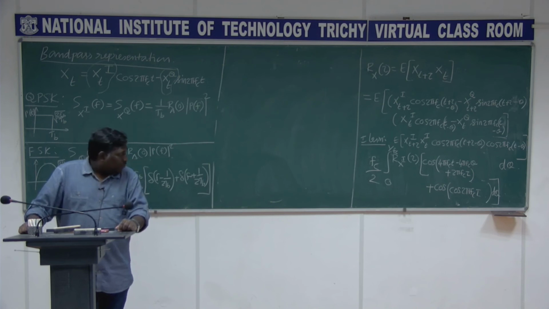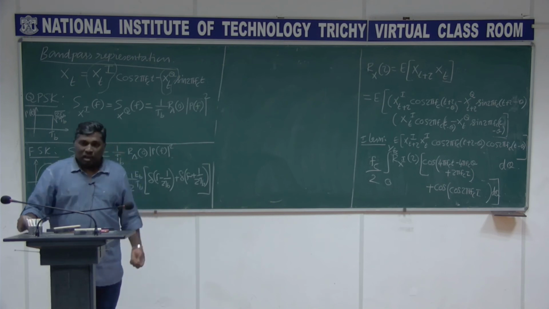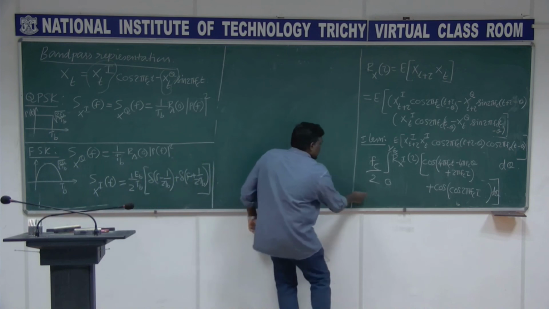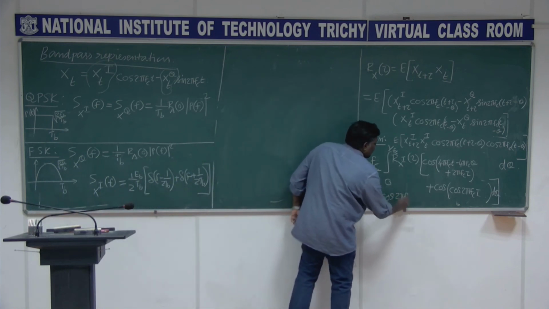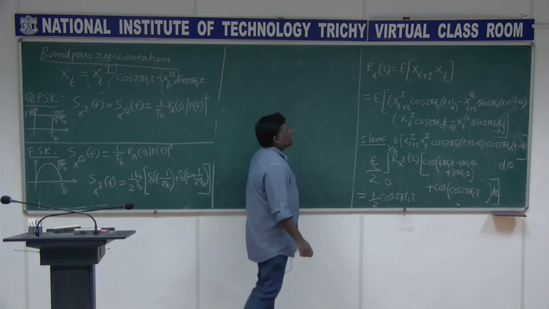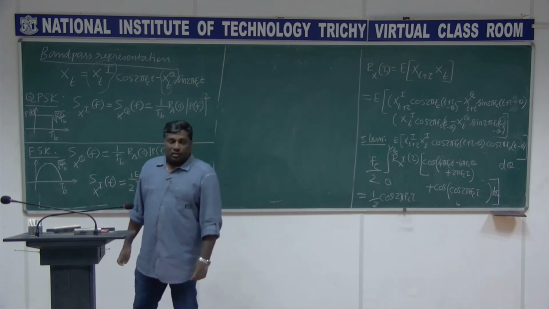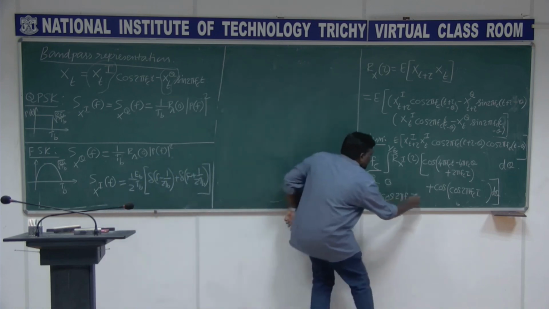It is going to be 1 by 2 cos 2 pi Fc tau. That is the final result. So half of cos 2 pi Fc tau is going to be the final result for this, of course, Rxi of tau.